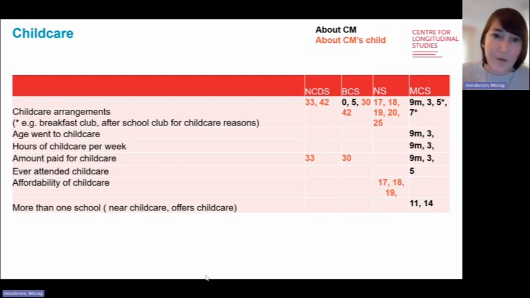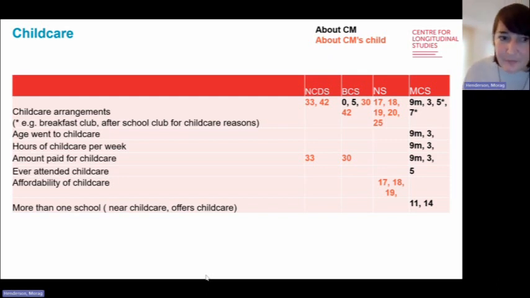For NCDS, it's really only about the cohort members' children, so you can understand whether or not they are going to playgroup or nursery or those experiences. They also ask about how much they paid for childcare. It's similar for BCS. We capture the cohort members' childcare experiences at birth and at age 5, but in adulthood, it's about the cohort members' children.